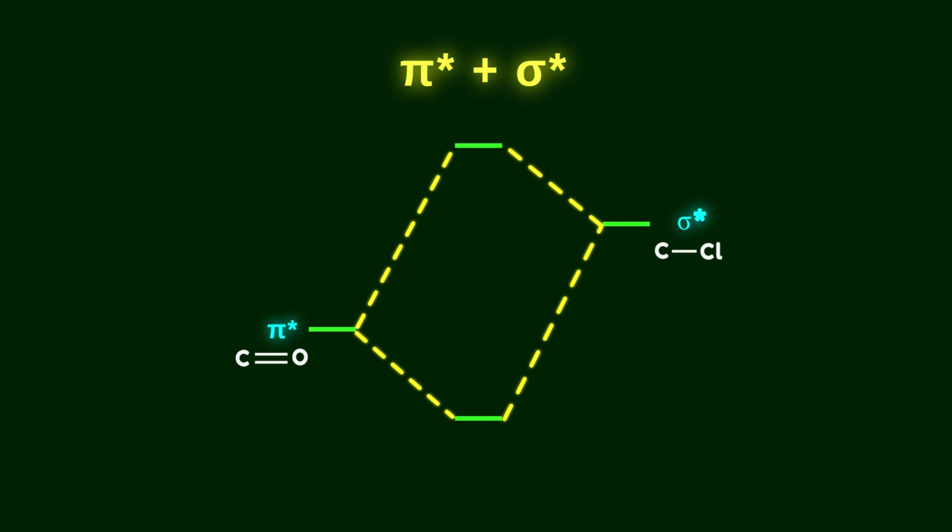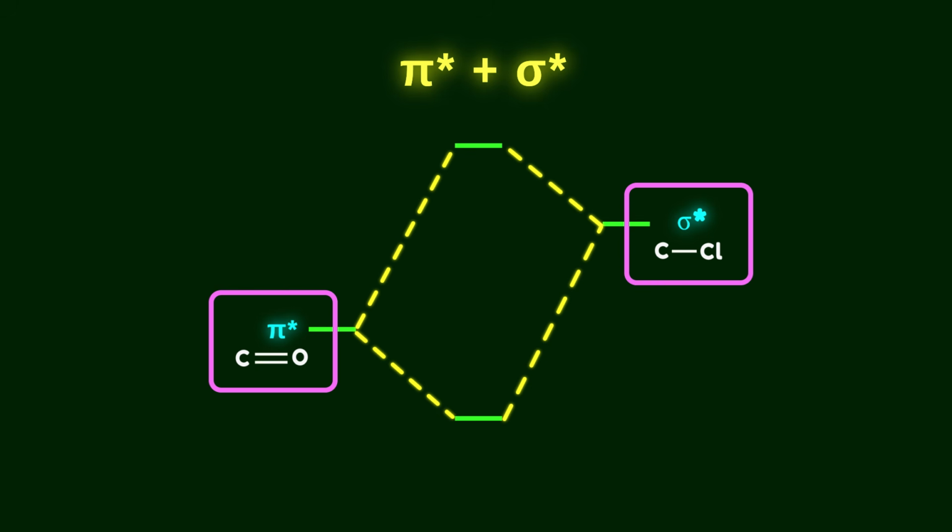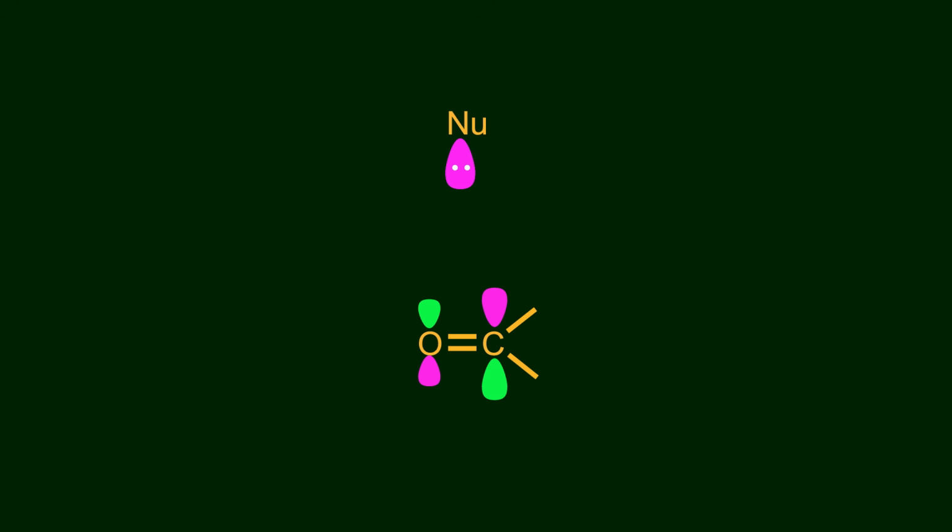Here I show the orbital overlap resulting from pi star plus sigma star orbitals. On the left, we have the pi star orbital coming from the carbonyl group, and on the right, we have the sigma star orbital coming from the C-Cl bond. When they combine together, two new molecular orbitals are created. Now let's see the nucleophilic addition to the carbonyl group through the lens of orbital interaction.